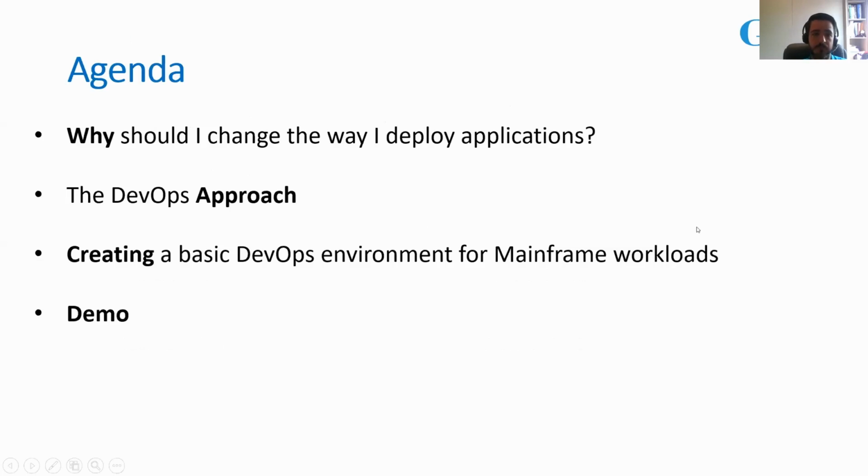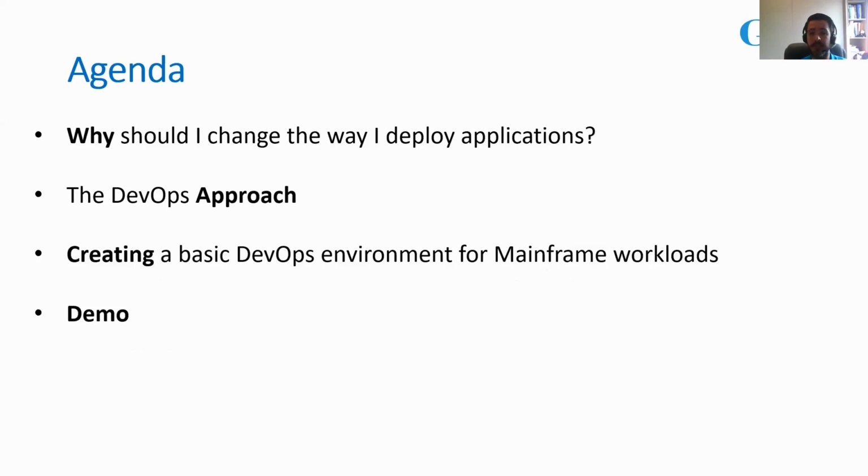Okay, so let's start here with a little agenda on what we'll be talking about today. The first topic is why should I change the way I deploy my applications, right? We know that mainframes have been out for 40 years, 50 years, and the process that has been done is great and it works, right?